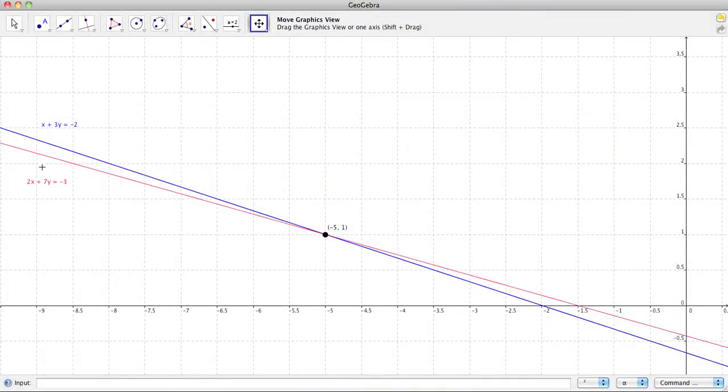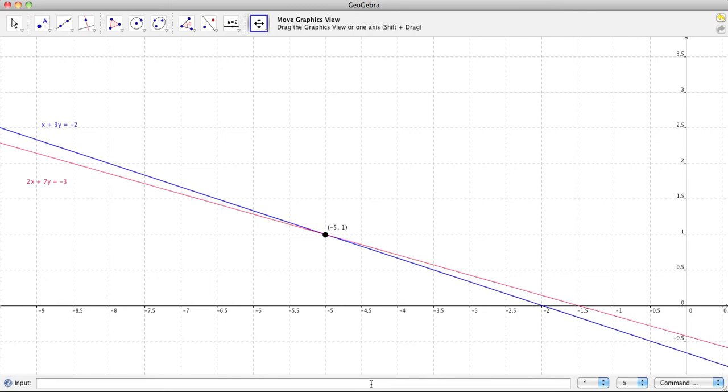And the red line is 2x plus 7y equals negative 3. What this program did was actually multiply each one of these terms by negative 1. So this here is actually equivalent to what we started with, which was negative 2x minus 7y equals 3. And here we see where those two lines intersect is at the point -5, 1.